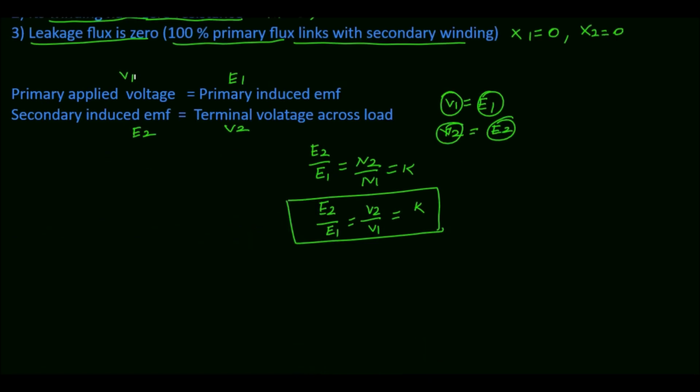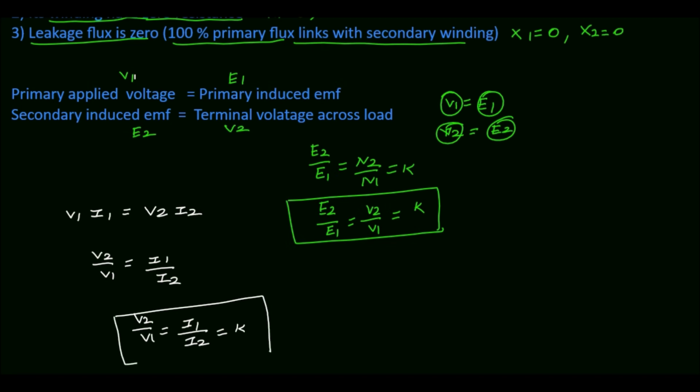The ideal transformer has no losses, so the product of the primary applied voltage and primary current will be equal to the product of the secondary terminal voltage and secondary current. So from this we can write V2 by V1 is equal to I1 by I2. So V2 by V1 is equal to I1 by I2 is equal to K. That is the current transformation ratio.